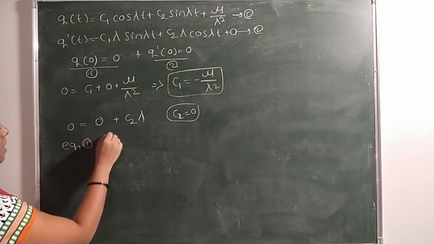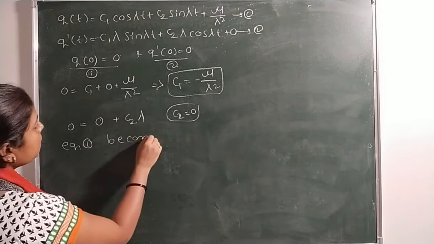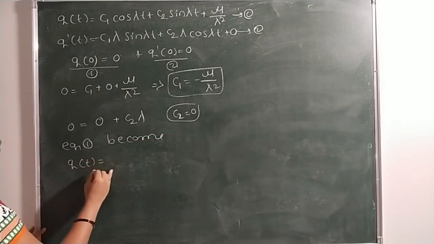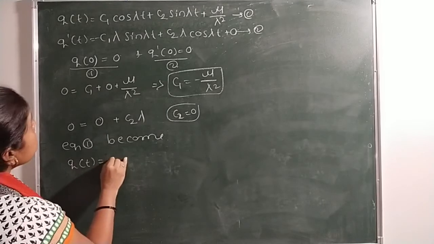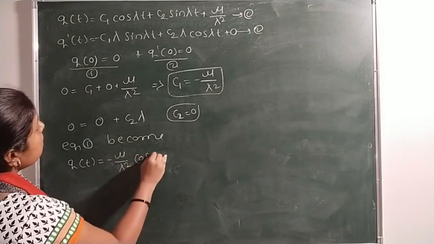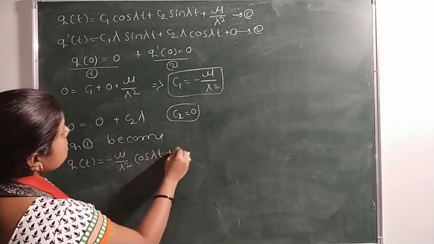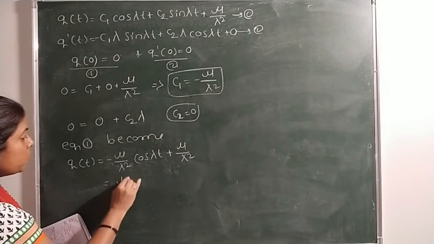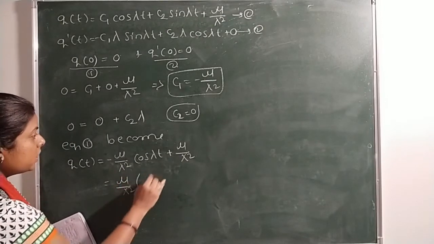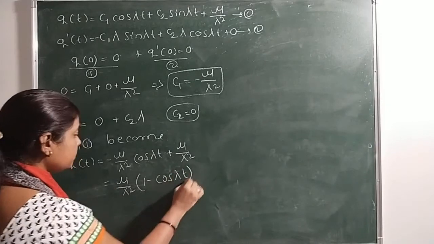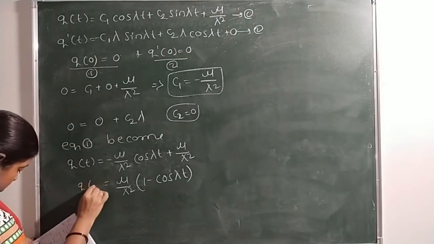Equation 1 becomes Q(t) equals C1, which we got as −μ/λ² cos λt, C2 is 0, plus μ/λ². Now we take μ/λ² outside, and here 1 − cos λt. This is our Q(t).